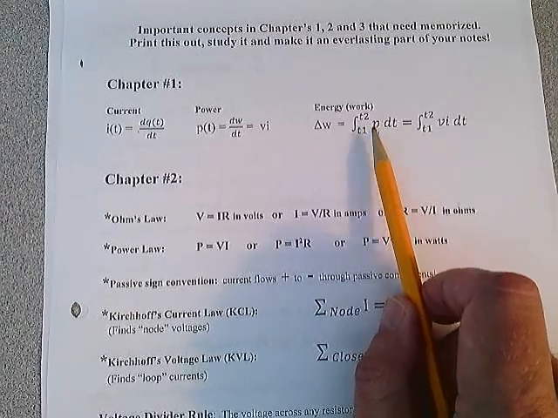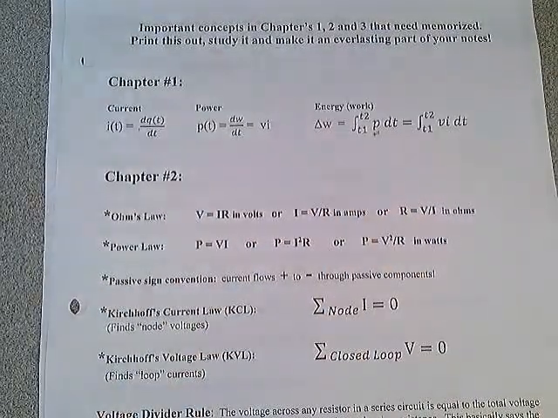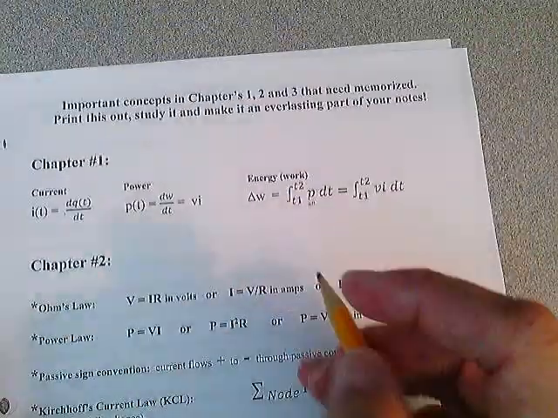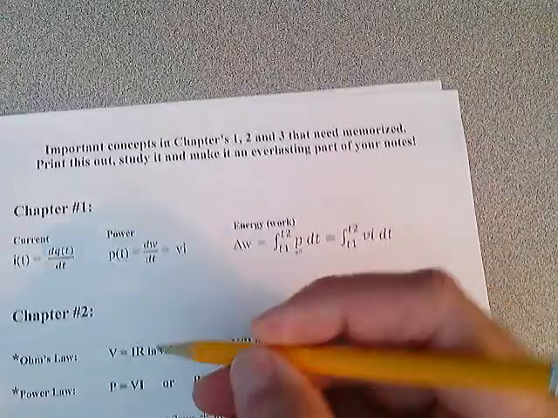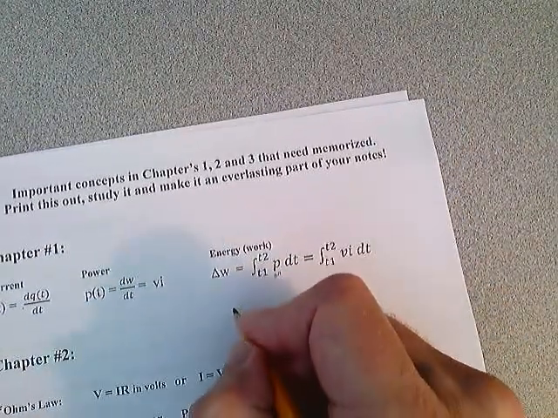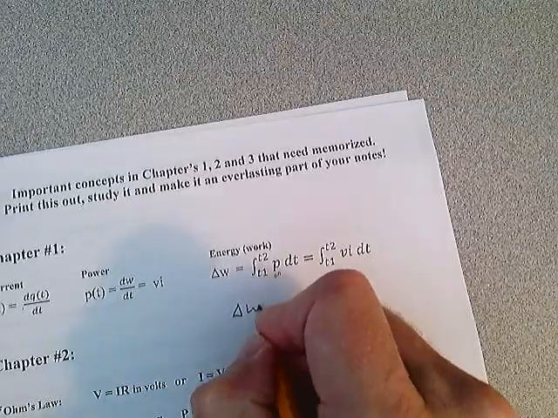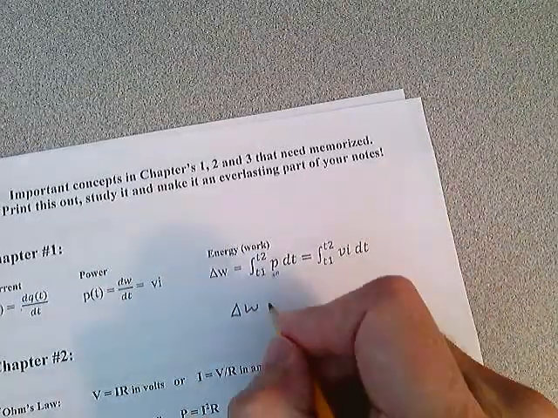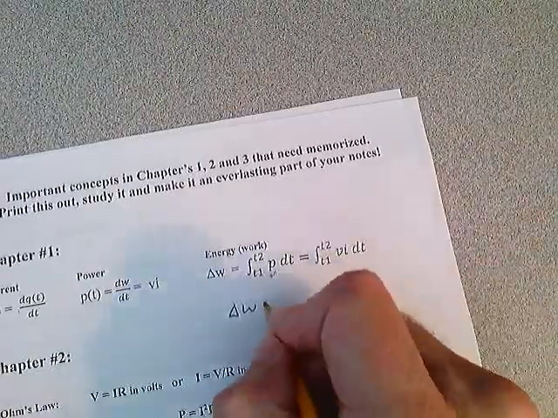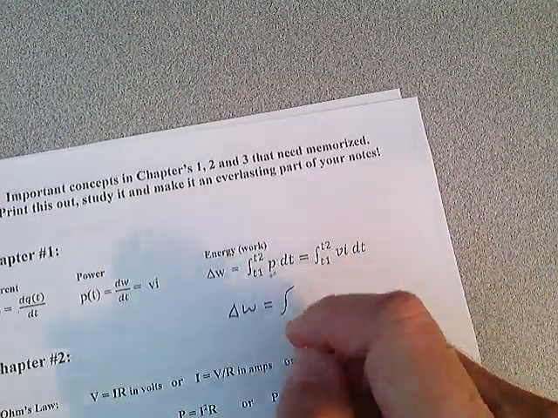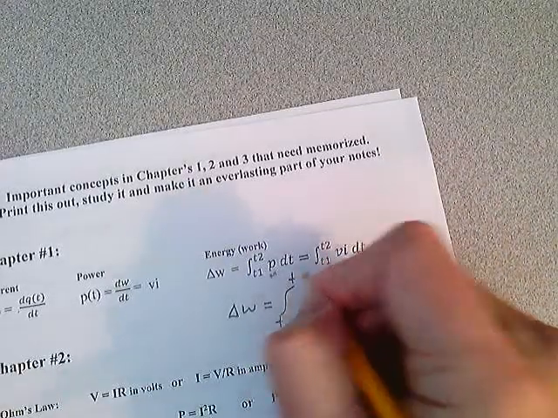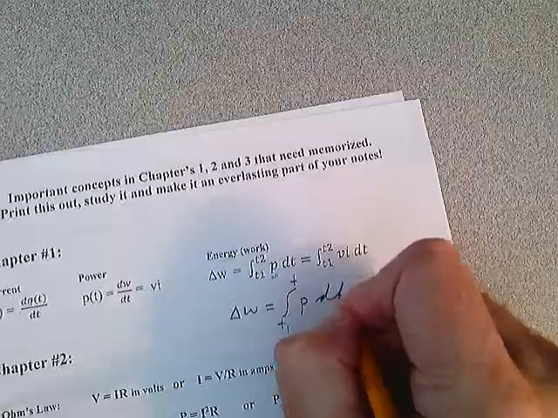Isolating power, let's see right here how we could take a look at this. This is something you should be able to do without too much of a problem. We say that the change in work is equal to the integral from T1 to T2 of power dt.